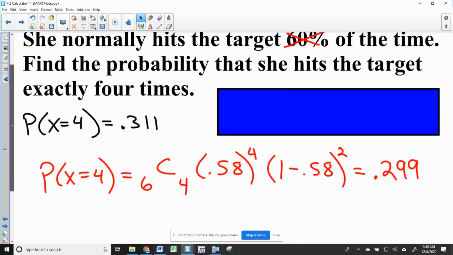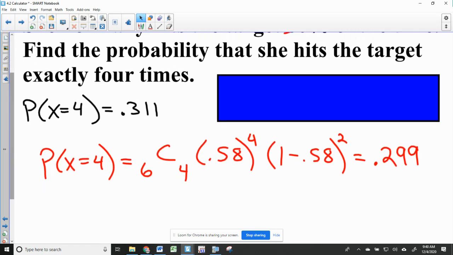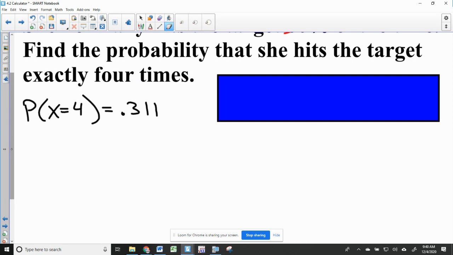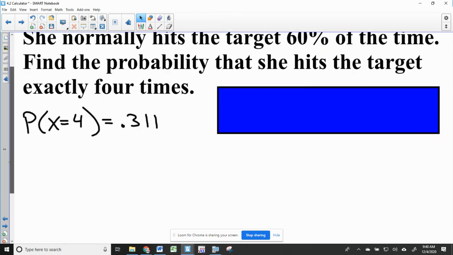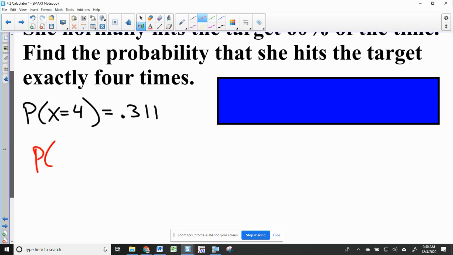Or think about if you have one of those problems where, let's go back to here. Let's stay with 60, so it's in your chart, and I wanted to know what's the probability it's 4 or more?